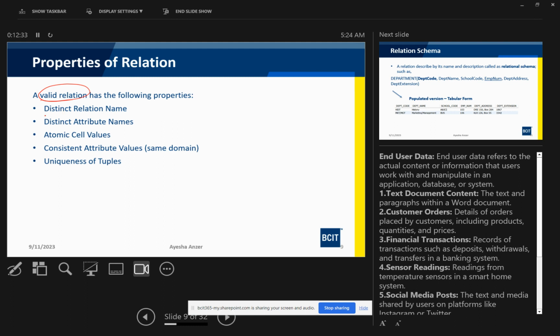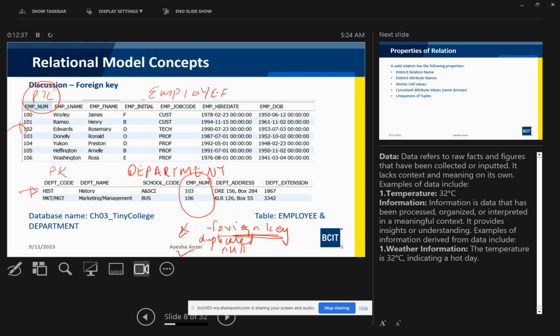So if you look at distinct relation names, each table we have here will have a unique name. We cannot have a database or schema which would repeat a table. For example, if we have employee, there will be only one table for the employee. There will be one table only for the department.